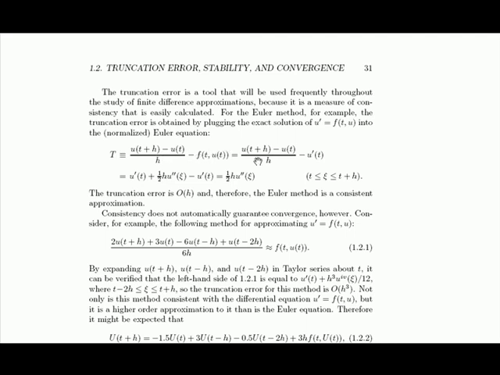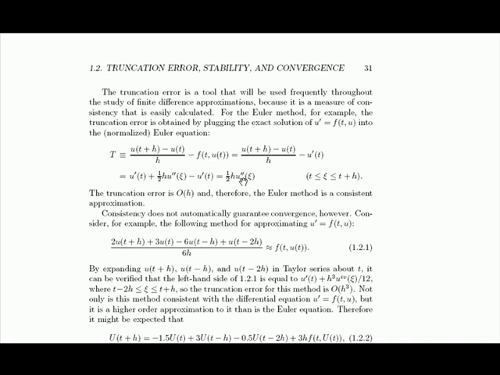And the technique is always we expand everything in a Taylor series around t. So first we use the fact that little u is the exact solution of the differential equation to say that f of t, u of t, is equal to u prime of t. Then we expand u of t plus h in a Taylor series around t and subtract u divided by h, and it all comes out to be 1/2 h u double prime.